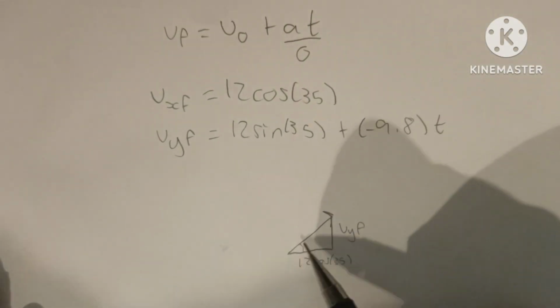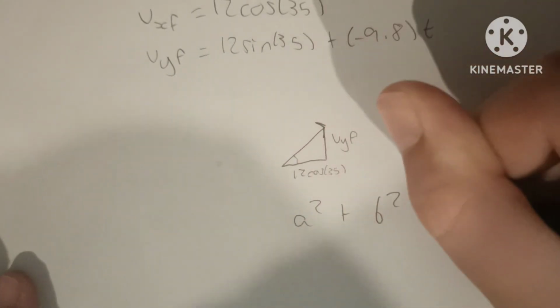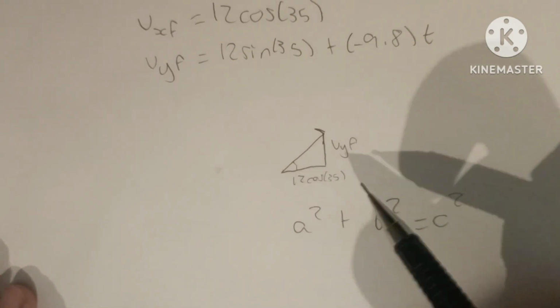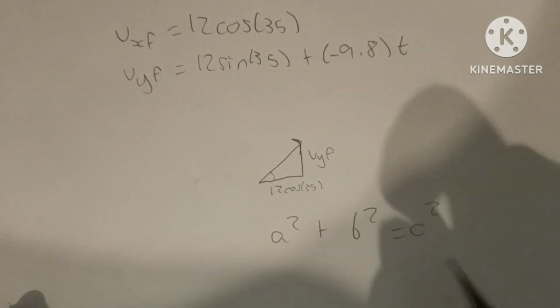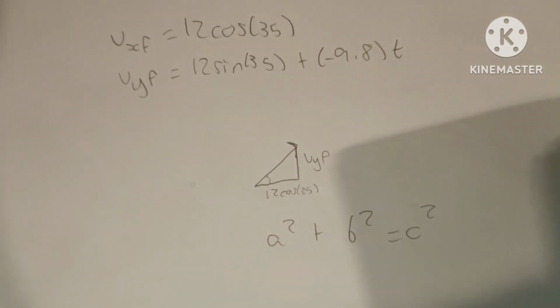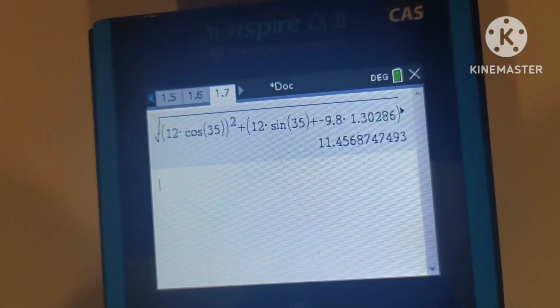So to work out this, we can use Pythagoras' theorem, which states a squared plus b squared equals c squared. So we could input these values into the Pythagoras theorem and solve using a calculator. Then we square root it. And once we do all that, I already pre-inputted into my calculator, you get 11.4568 on and on.